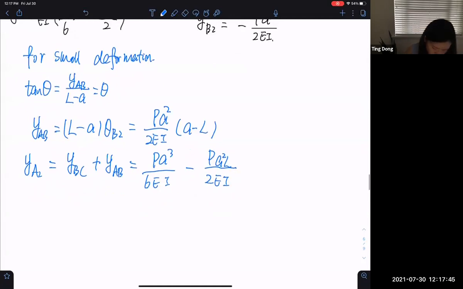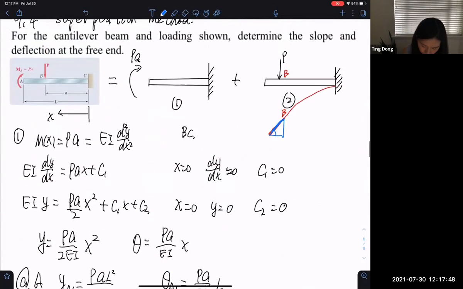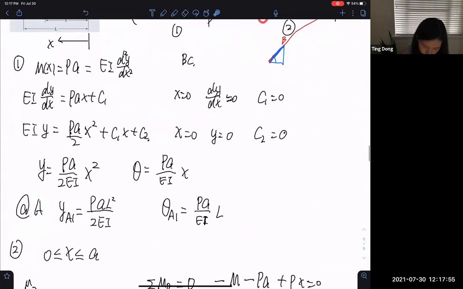So in the end, as I said, superposition is basically we calculate the deflection and slope at point A here and the deflection and slope at point A here. We add the two of them together.